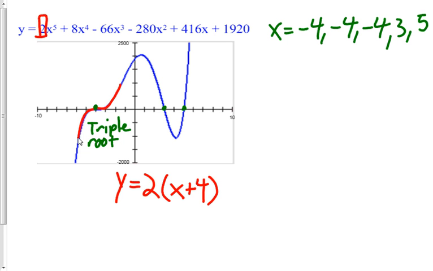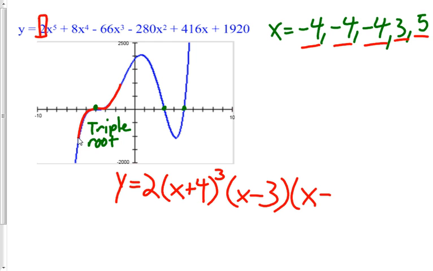And I have this root once, twice, 3 times, so I can simply write this as x plus 4 cubed. Multiply that by my next root, x minus 3, and x minus my final root, 5. And that is the factored form of this polynomial.